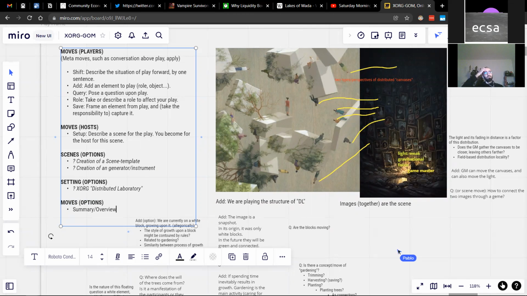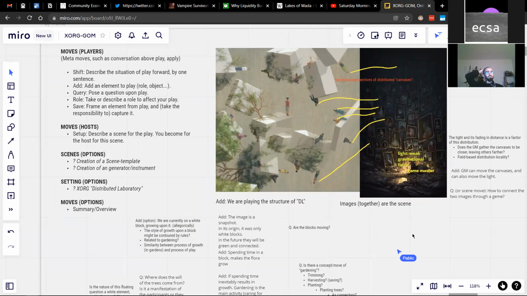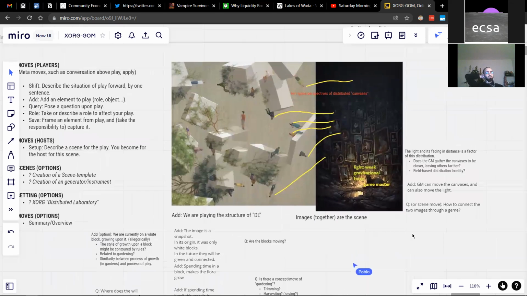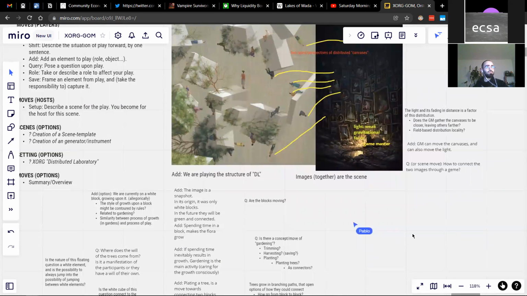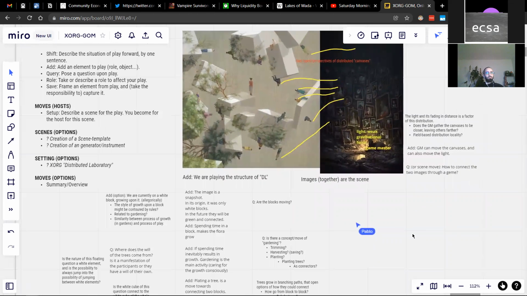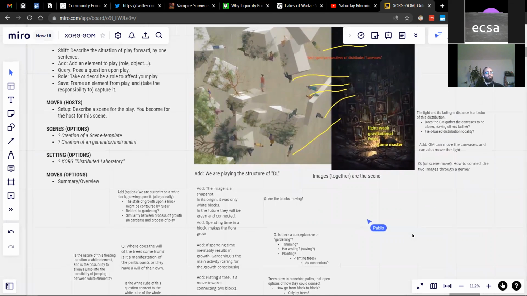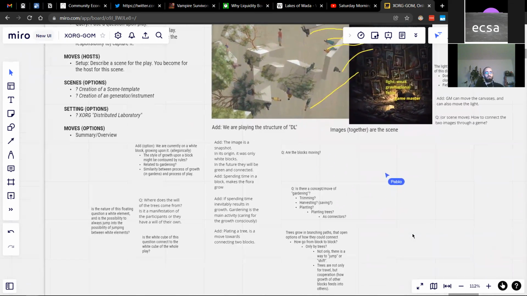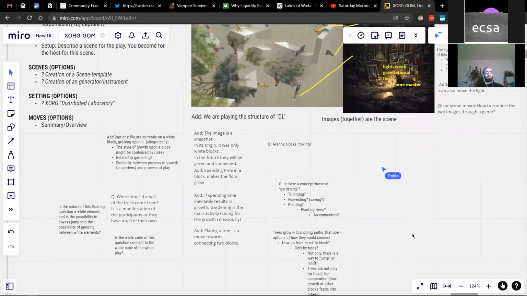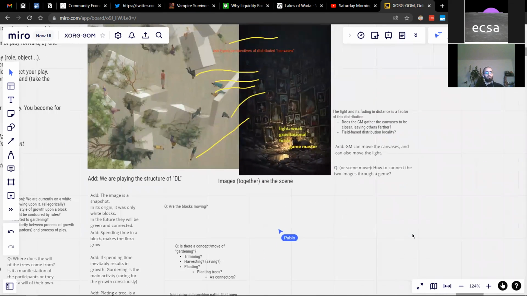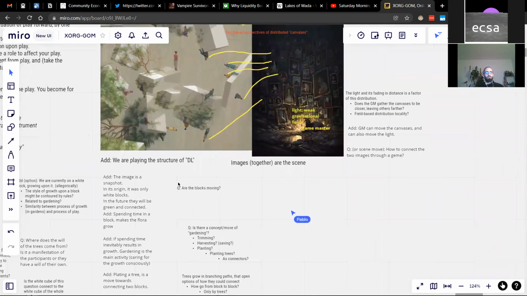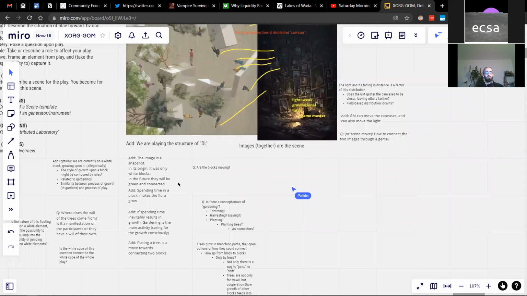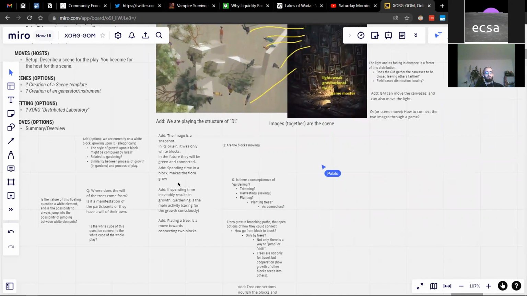The summary overview is that we have several different areas. We have this distribution or nodality or basis of a process, which is on the one hand white cubes. In some senses, it's also these canvases here. But then there are different ways of looking at the process.